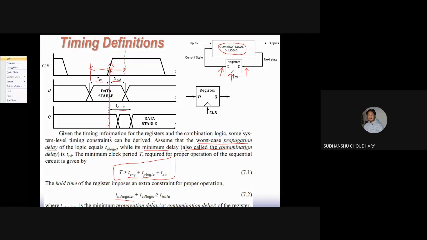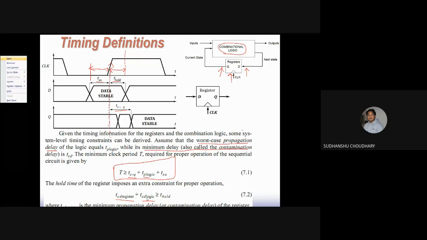Since we studied some time back that based on the inputs, the delay of the logic also changes, right? Or the input reordering also we studied some time back. That is, depending upon the combination of inputs which are present in the logic, the delay of the logic changes. So worst case delay is called TP logic, and the minimum delay of this combinational logic block is called contamination delay of logic.